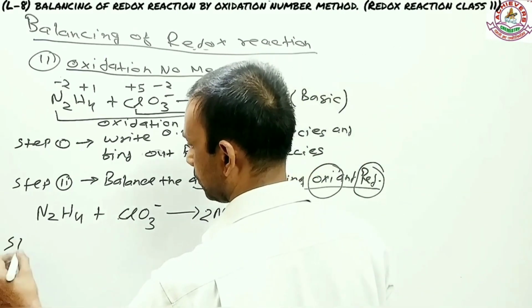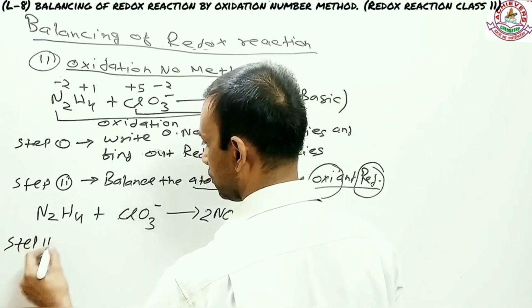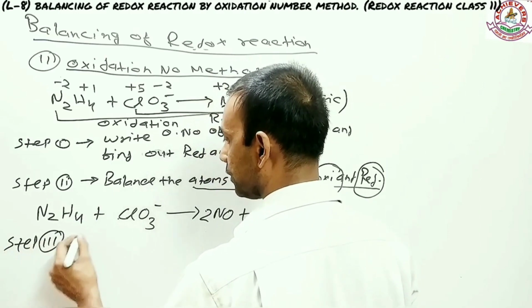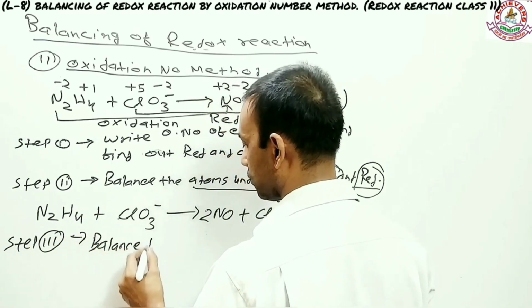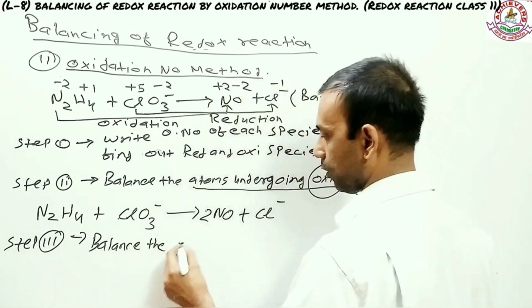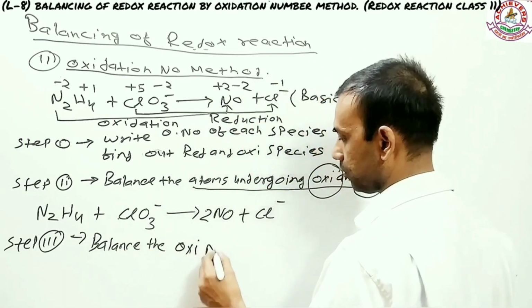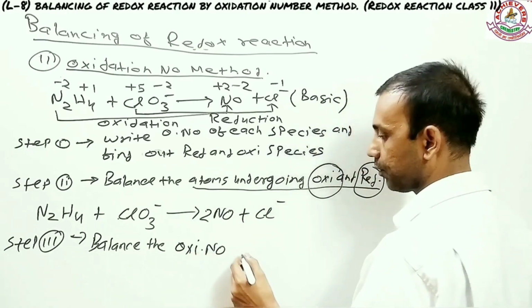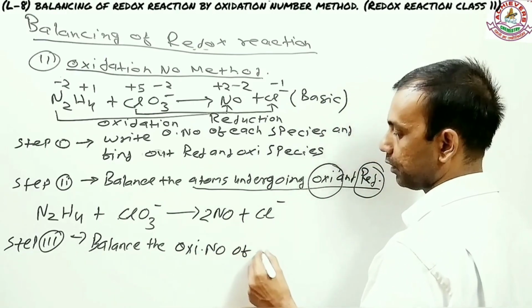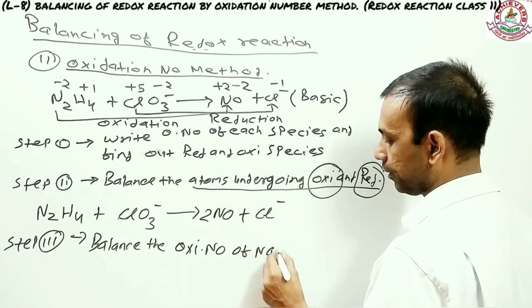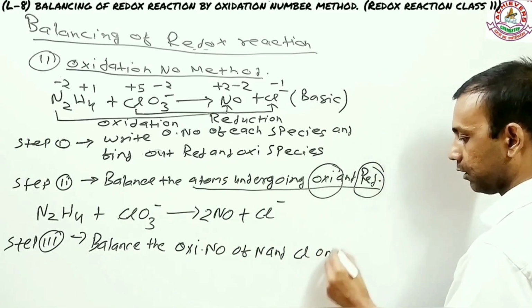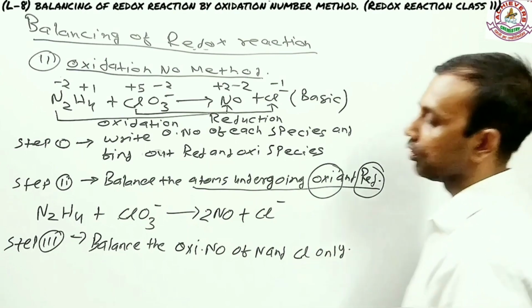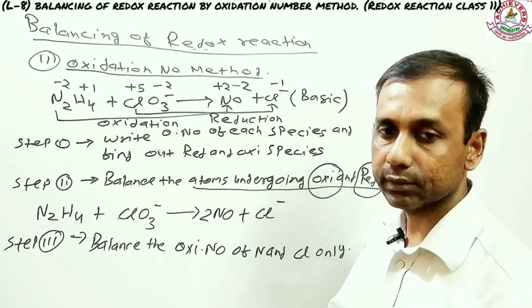Step 3. Balance the oxidation number of nitrogen and chlorine only. Like I said earlier, we need to concentrate on the atoms that are undergoing oxidation and reduction.